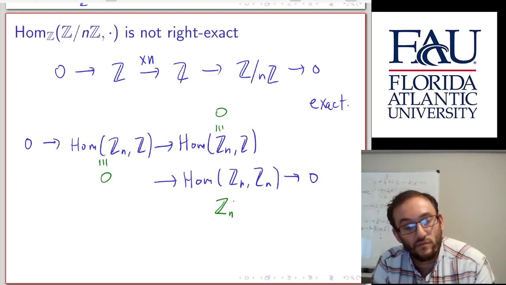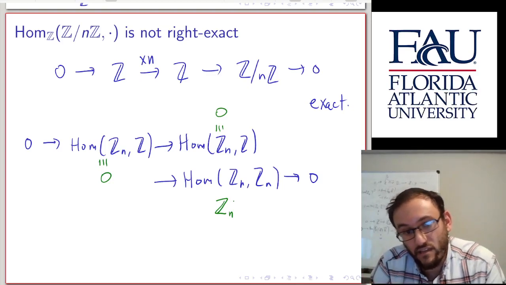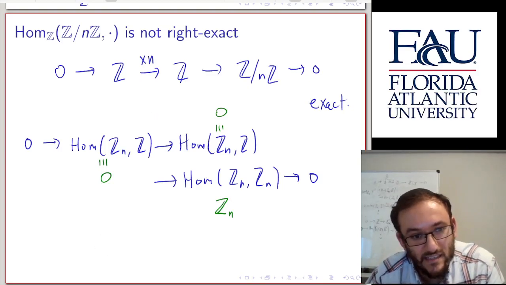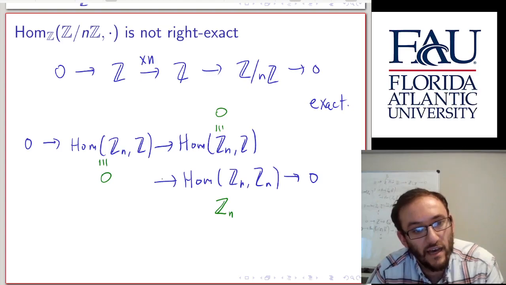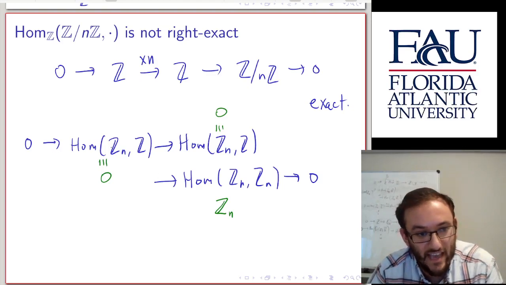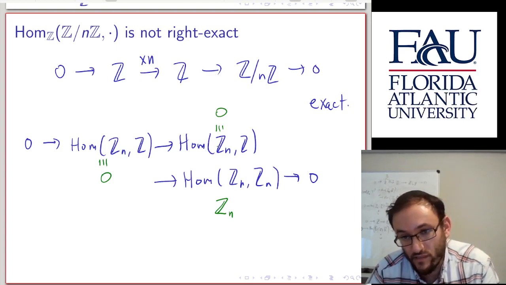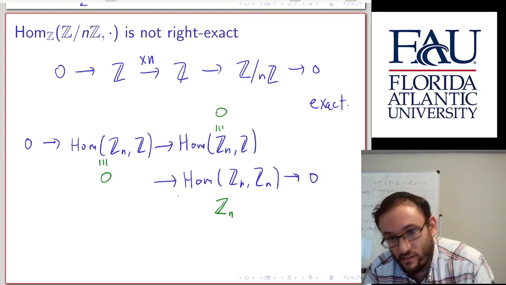But the Z-module homomorphisms from Z/n to Z/n is given by, well, it's not necessarily Z/n. No, I think it's isomorphic to Z/n. So we have exactness at the first step and exactness at the second step, because the image of the prior map is 0, because it's just 0 mapping to 0, and the kernel, what's mapping to 0, is still 0.